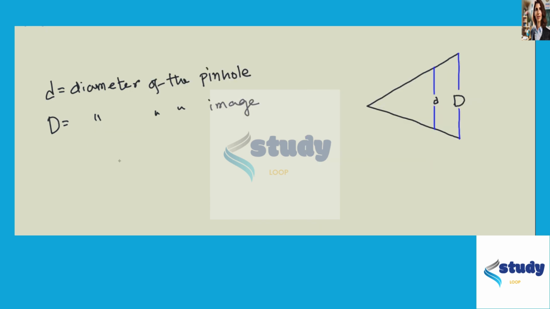So let's see if we can do that using this diagram. From the pinhole to the object, the distance is L1, and from the pinhole to the image, the distance is L2.